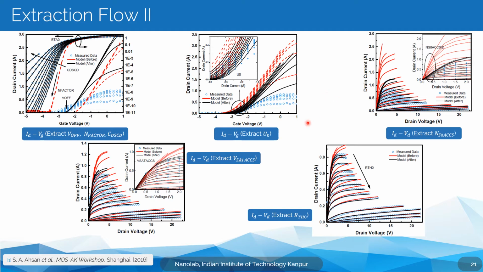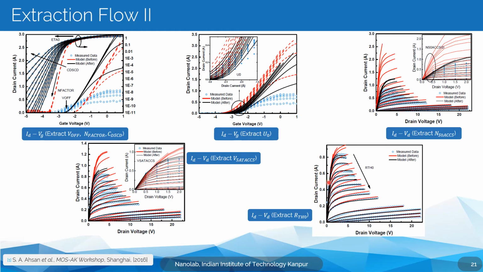Okay, moving on to the next step, which is the output characteristics. In this region, we again fine-tune the drain side access region resistance, which gives you the resistance of the ID-VD curves, and also the saturation velocity and other parameters; you can fine-tune UA or UB in this graph as well. Once that's done, in the low drain voltage region there's almost a good fit.